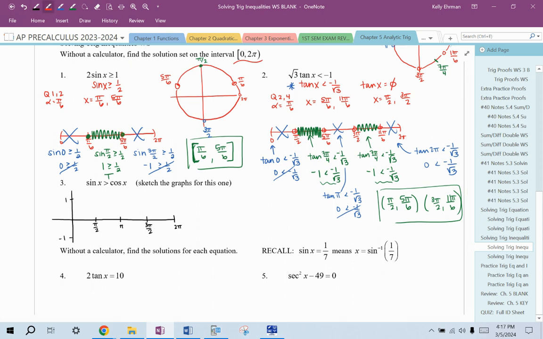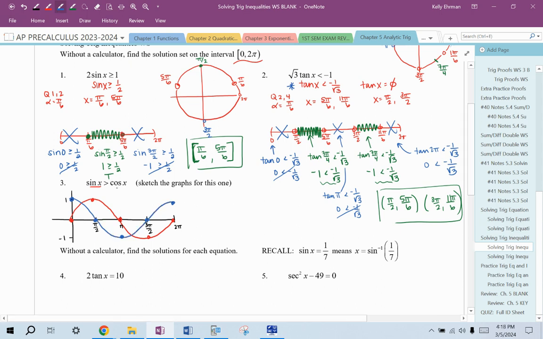So your sine graph should start at 0. Then it goes above midline, 0, below midline, 0. And then the cosine graph starts at the amplitude, midline, negative amplitude, midline, amplitude.